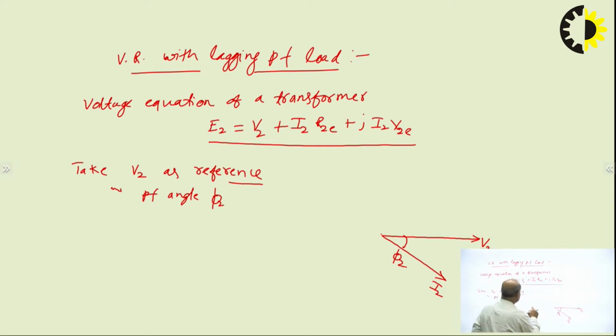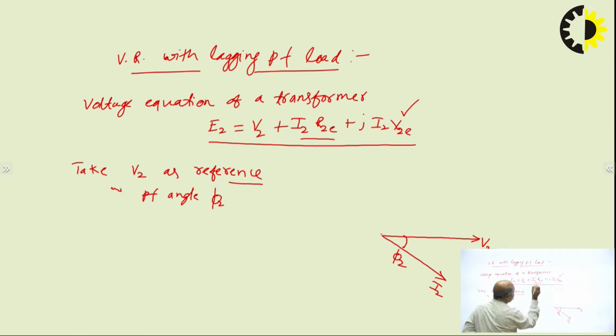Now we have to complete this equation. In drawing the phasor diagram, you simply have to complete this equation. E2 will be V2 plus I2R2E, which means we have to add a phasor I2R2E to V2.